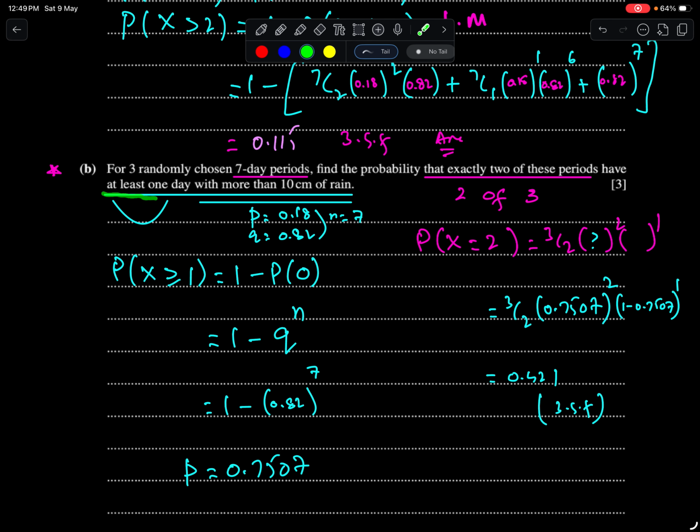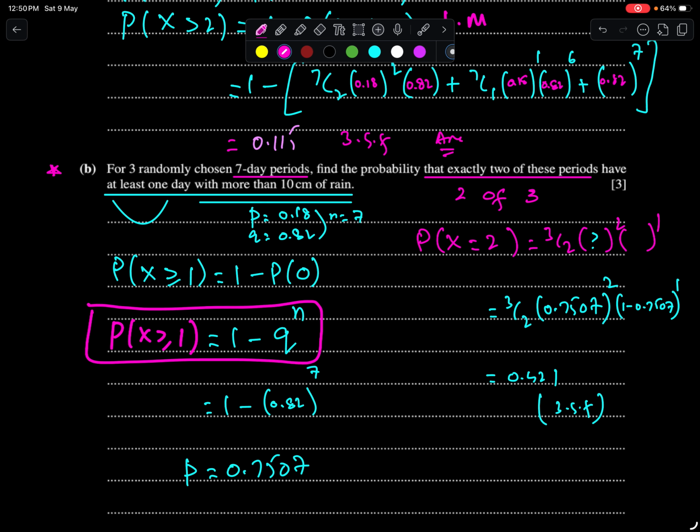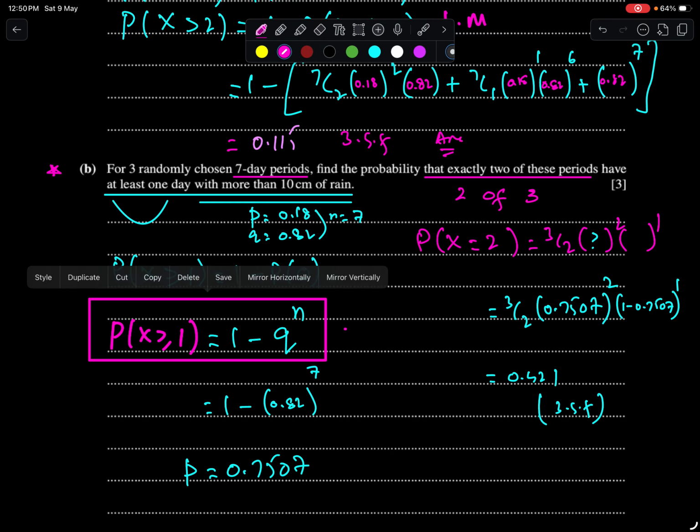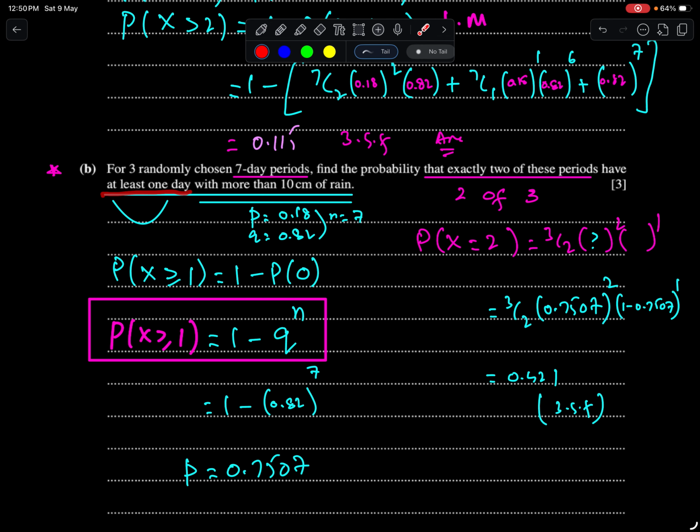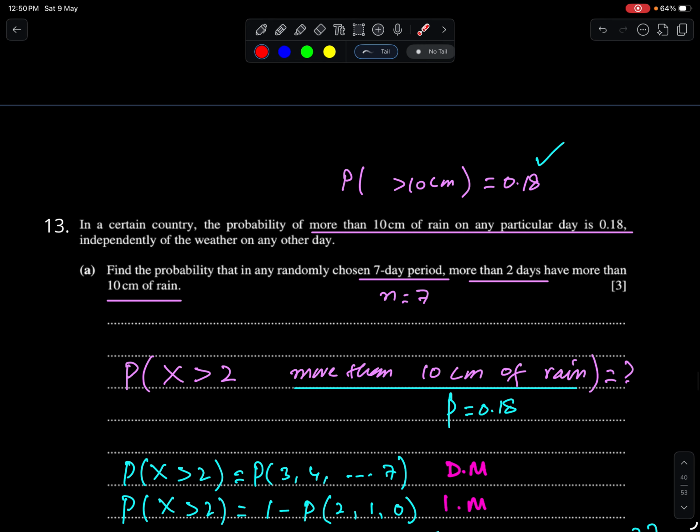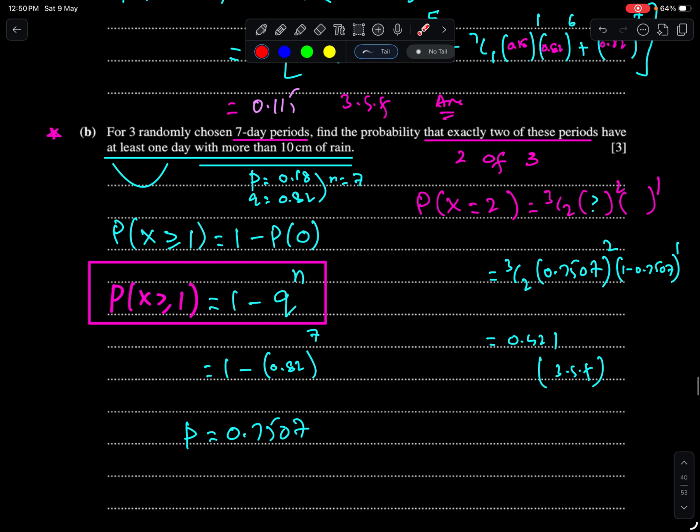See, at least one day we write like this: at least one is 1 minus q power n. At least one day with more than 10 centimeter of rain. Now check this, more than 10 centimeter rain, 0.18. So P is 0.18, therefore Q is 0.82.